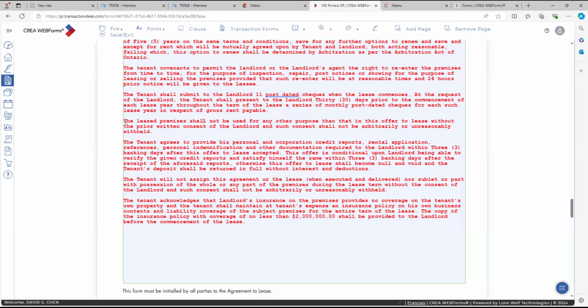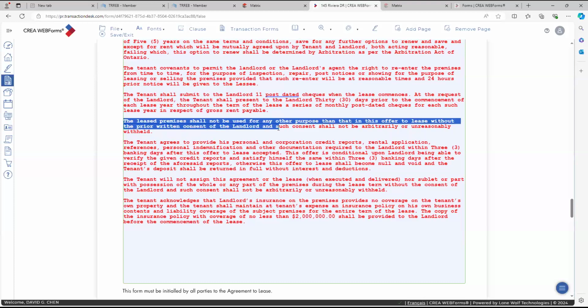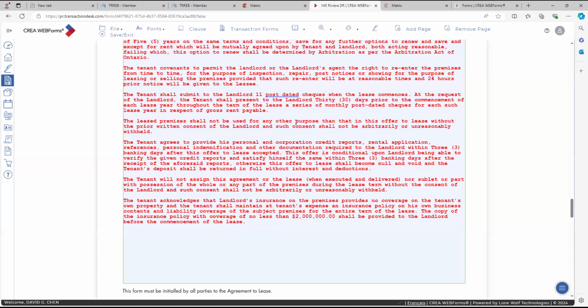And here you also need to remember the use. Some people say, "Oh, I use it for warehousing now," or suddenly after I move in, I use it for manufacturing, whatever. No, it's not. I said warehousing, and after closing, I use it for a recreational purpose? No way. The landlord will lock you out if you do that.